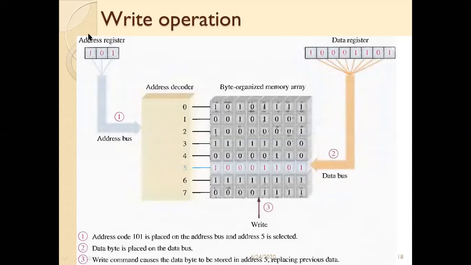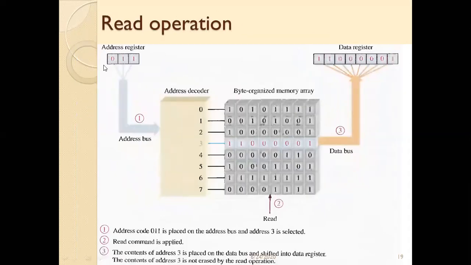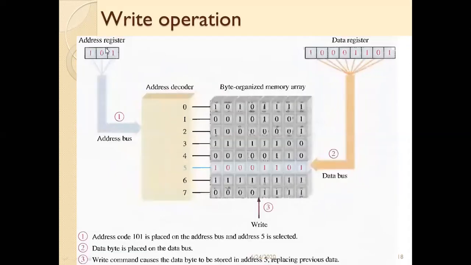And your address register is connected with the address bus. I just explained in the last slide, you will give the address, but from where? You will give the address with the help of a register which is called the address register. And similarly, you will take data from a register which is called the data register.